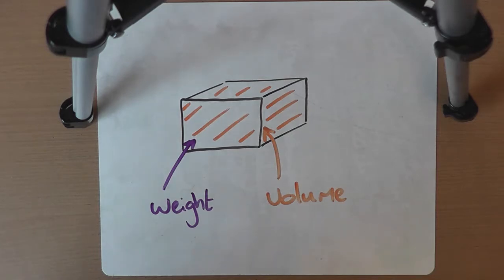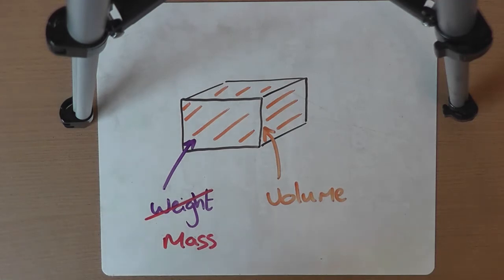Now actually, I'm being a little bit incorrect talking about weight, because the weight of something, in terms of grams and kilograms, that's the wrong word. Really, I should be using the word mass, which is the proper scientific term for what we measure in grams and kilograms.